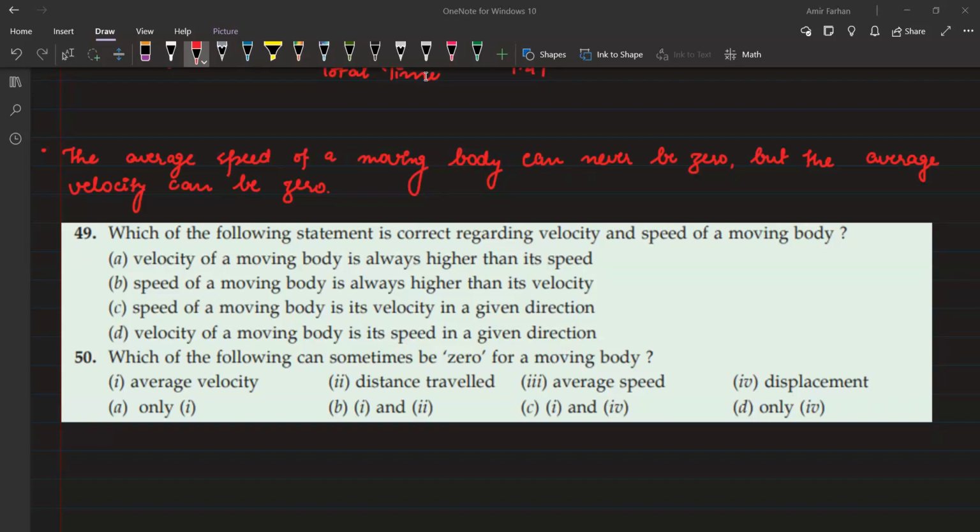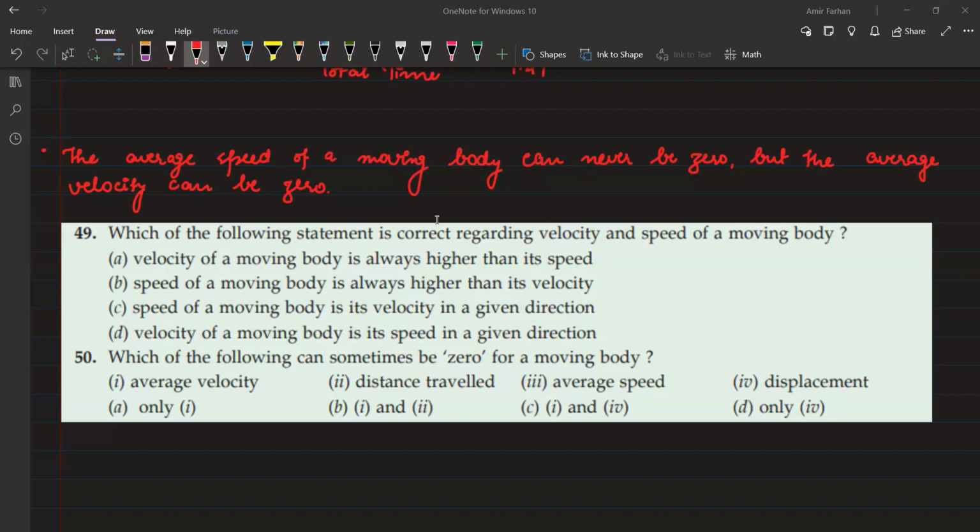Yes, sir, I gave it. Okay, you have given the answer, ठीक है. 49 C, 15 C.